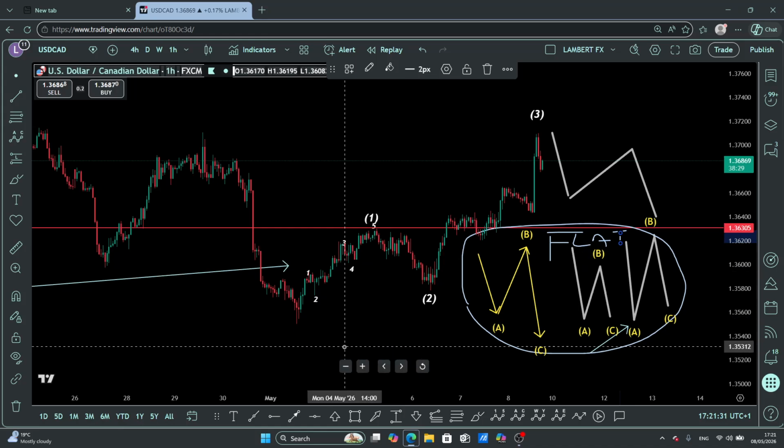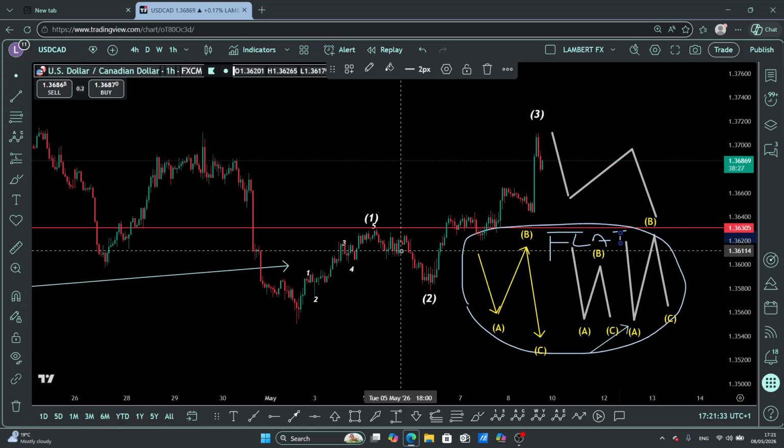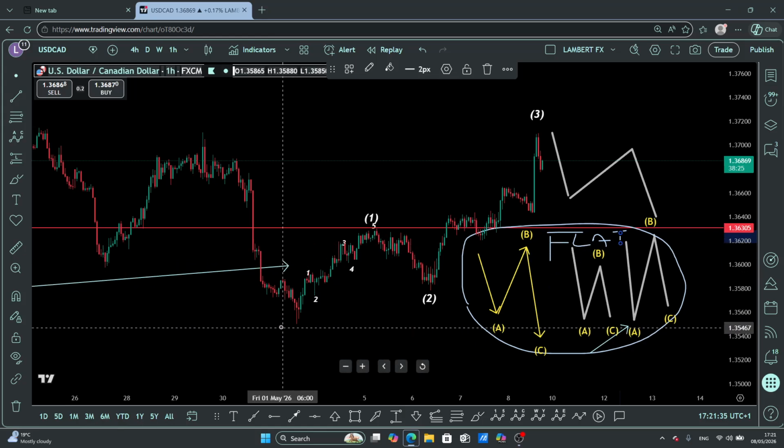Another corrective structure you can find in your leg 2 is called a zigzag.